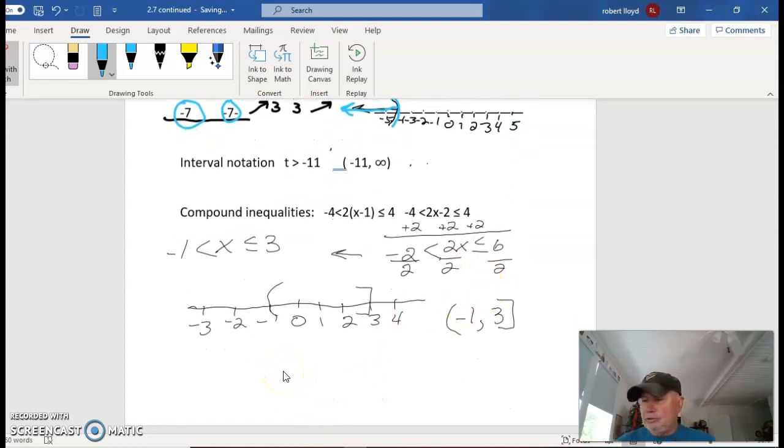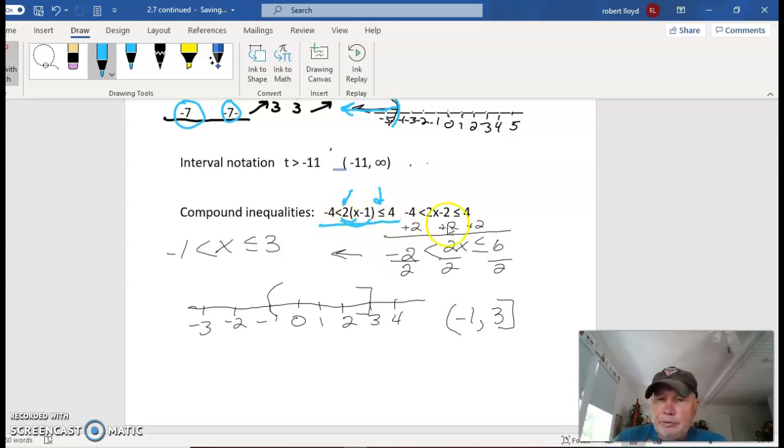And the next one is a compound inequality, which means that you have an inequality on both sides. So we have -4 is less than 2 times the quantity x minus 1, and that must be less than or equal to 4. So first we distribute this.